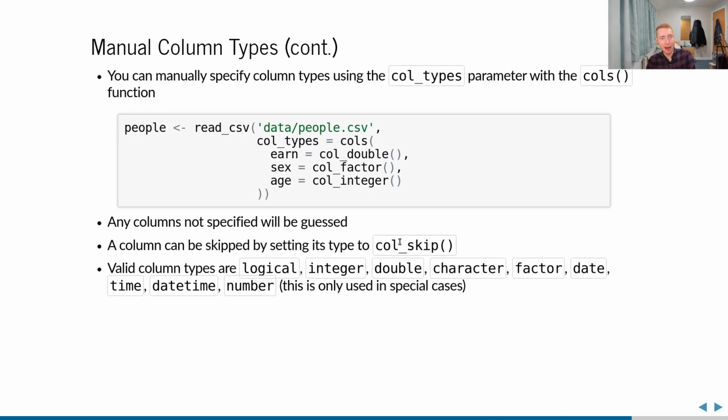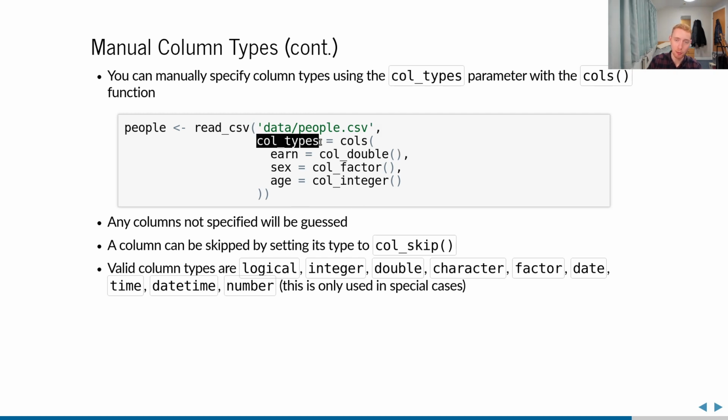To manually specify a column type, we use the col_types parameter of any Readr function, such as read_csv. Then we combine this with the cols function, which is used for specifying column types. The format looks something like this. We read a CSV, and we put a comma to start the parameters.